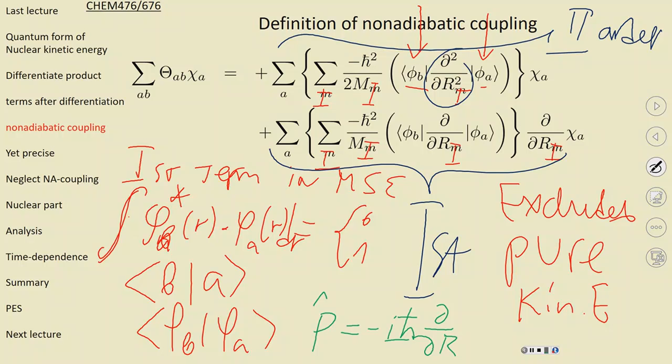We will do contraction with the conjugate wave function, like this, and chi sub b on the other side. This is something exotic. Let's focus on this term.